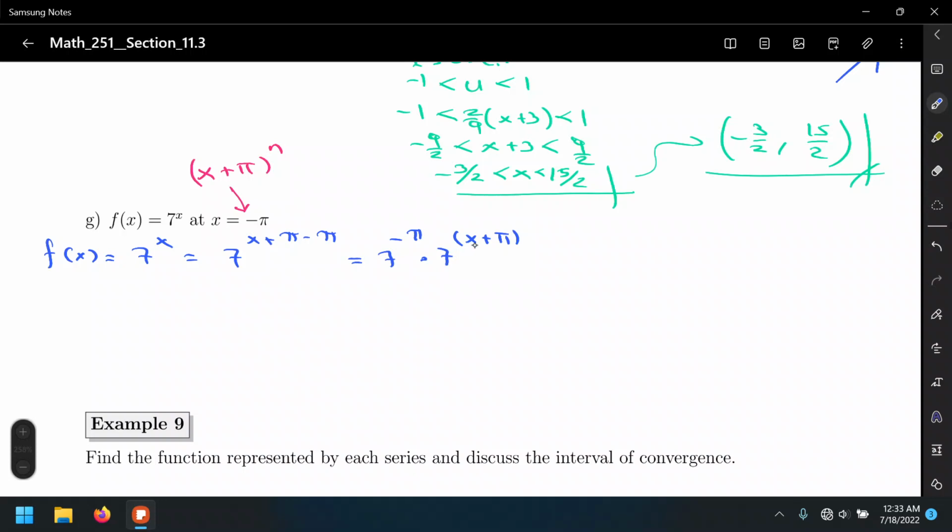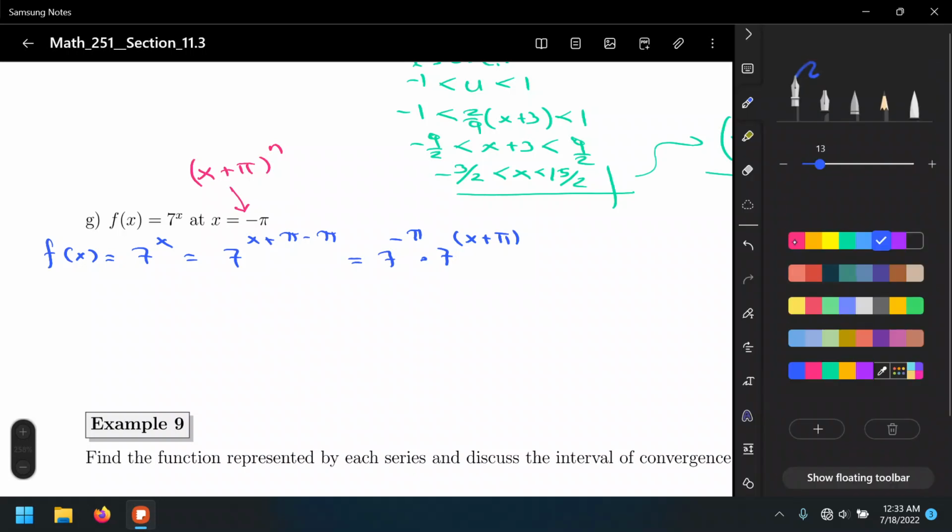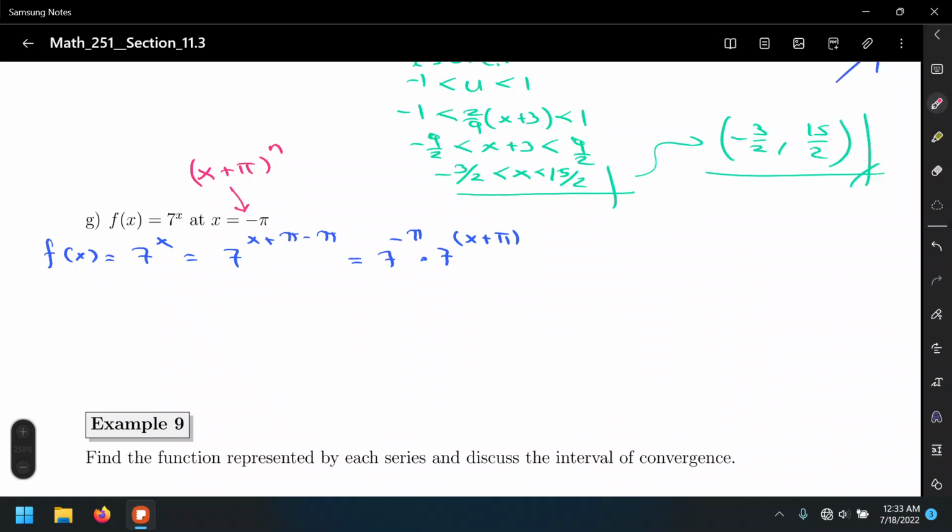But again, this is not an exponential function of base e. However, we're going to use the properties of exponential functions and logarithmic functions. There's a couple of properties to recall from pre-calculus: e to the ln of x equals x, and ln of e to the x equals x. Those are the inverse properties between ln and e. So in this case, I'm going to use the first property.